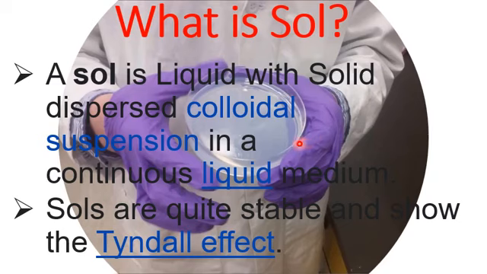Sols are stable and they show the Tyndall effect. Artificial sols may be prepared by dispersion or condensation. The dispersion techniques include grinding solids to colloid dimensions by ball milling process, etc.